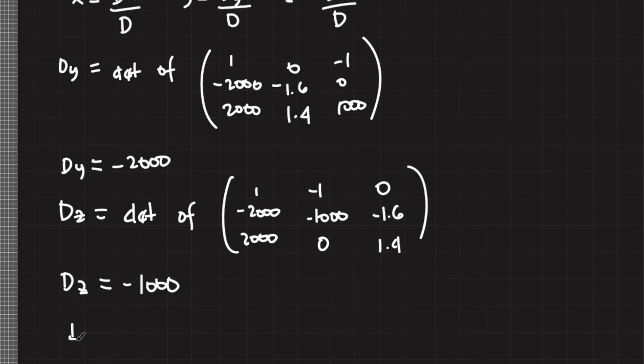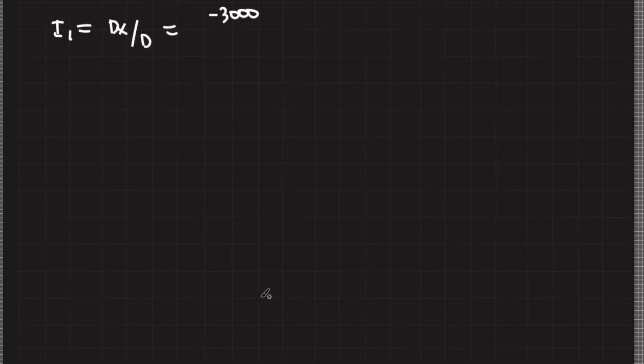So I sub 1 is equal to d sub x divided by d, which is equal to negative 3,000 divided by d. I sub 2 is equal to d sub y divided by d.